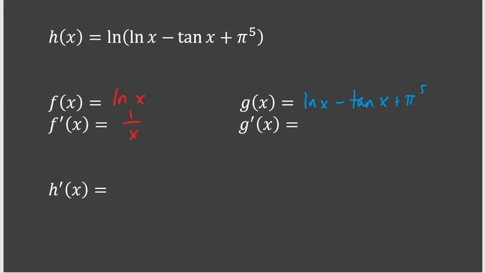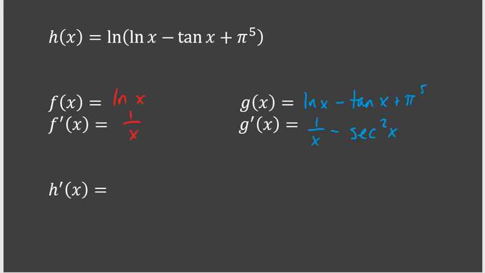And the derivative of g, well, again, we have the derivative of the natural log of x, which is 1 over x. The derivative of tan x, as we saw from our videos on product and quotient rule, is secant squared x.